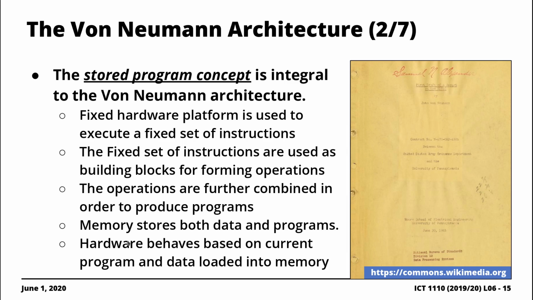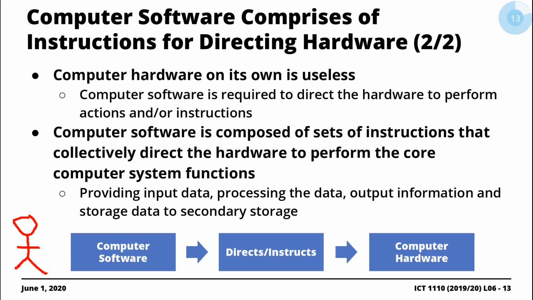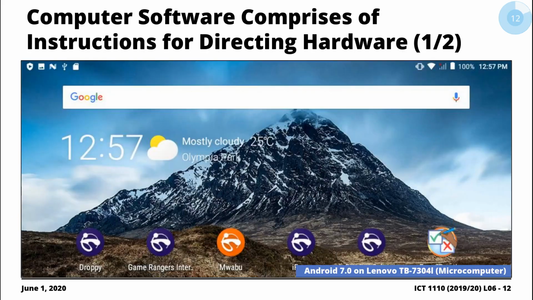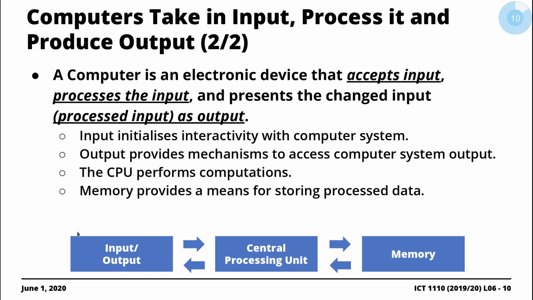The other thing is that the program instructions and the data that these program instructions will act on are typically stored in one location, which is the memory component. Remember, if we go back to our definition of a computer system, it's an electronic device that will accept input, process the input and then store the input.